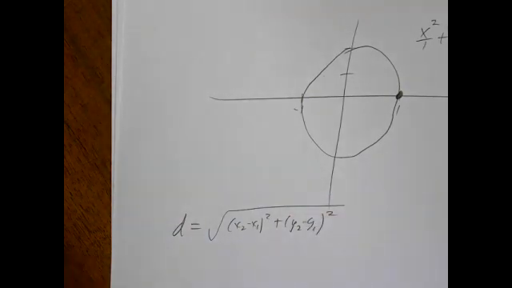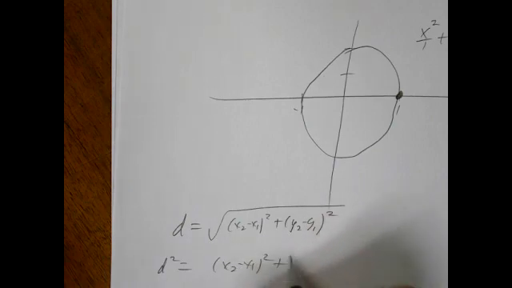Now, one of the tricks with these types of problems, a very handy trick, is that if you're trying to maximize or minimize distance, you'll get the same results if you maximize or minimize distance squared. What that does is it means you do not have to deal with this square root part. So my distance squared is just (x2 minus x1) squared plus (y2 minus y1) squared.